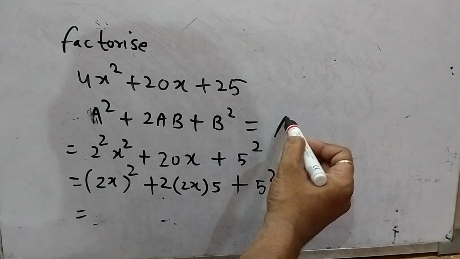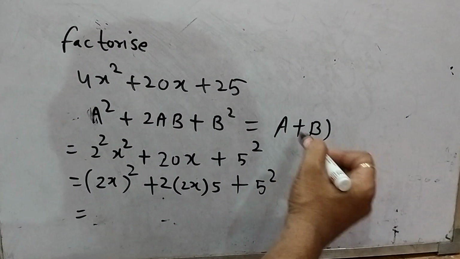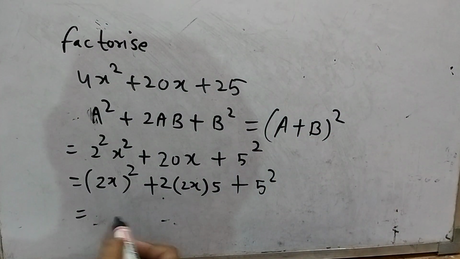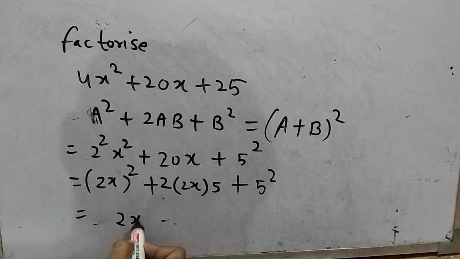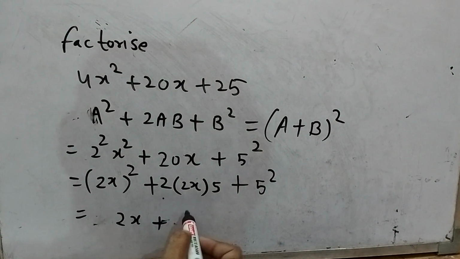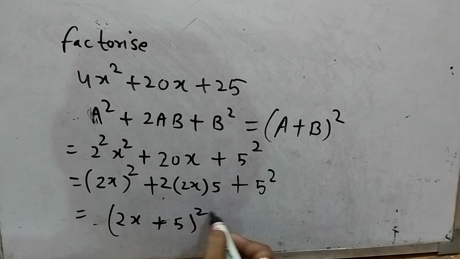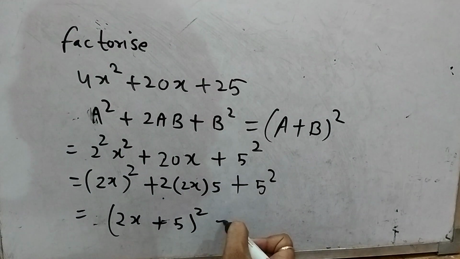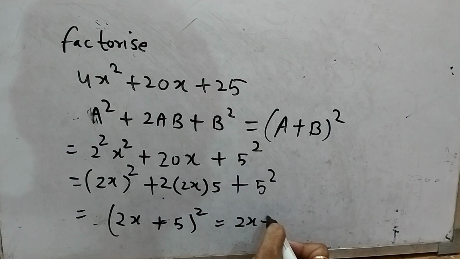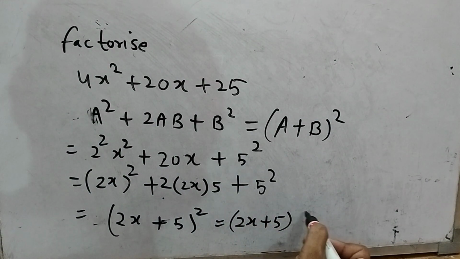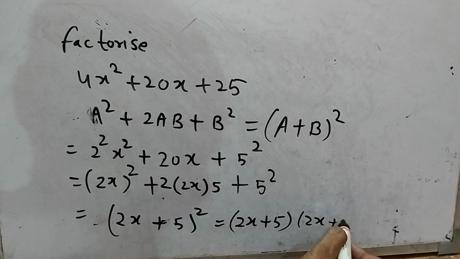The identity is a plus b whole square. So now we have a is 2x and b is 5, so the answer is 2x plus 5 whole square. Means further we can write it like this: 2x plus 5 and 2x plus 5.